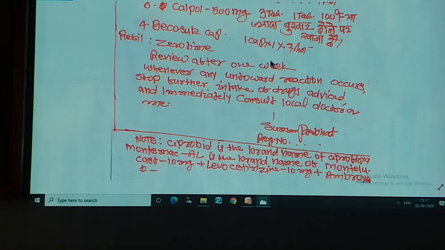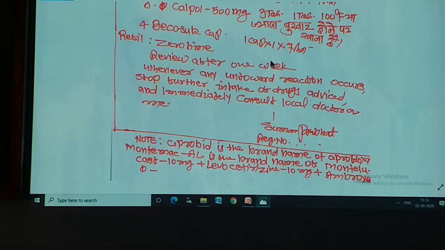Note, in the above prescription, Ciprovir is the brand name of ciprofloxacin. Montimac AL is the brand name of Montelukast 10 mg, Levocetirizine 10 mg, and Ambroxol 60 mg, and the drug is manufactured by MacLeods Pharmaceutical Company.